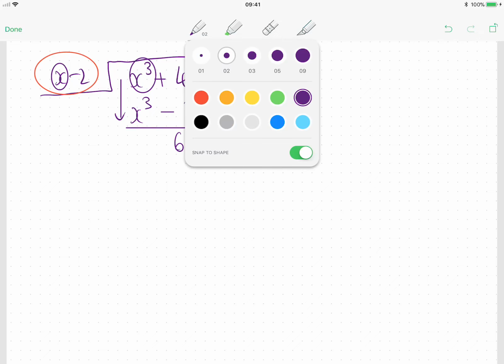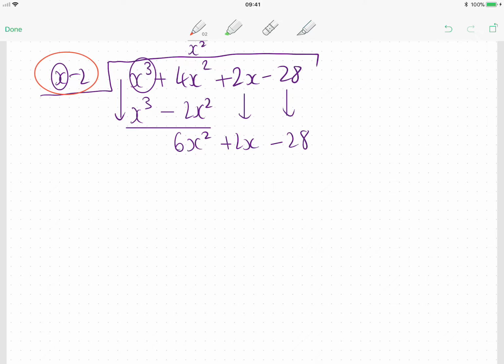The second step, we go back to our first terms. What do I times this by to get this? So clearly we need a 6x. And we go through the same process. We times the 6x by the x take away 2.